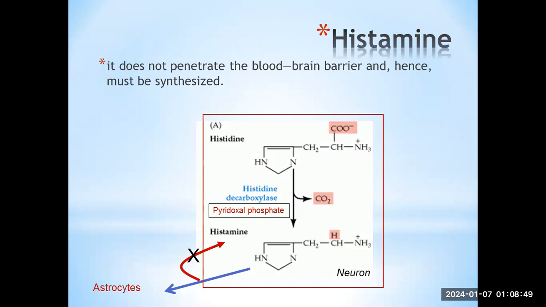Histamine generally does not penetrate the blood-brain barrier and hence must be synthesized there. So histidine, in the presence of histidine decarboxylase and pyridoxal phosphate in the neuron, is converted into histamine, which is released and then goes to the astrocytes.